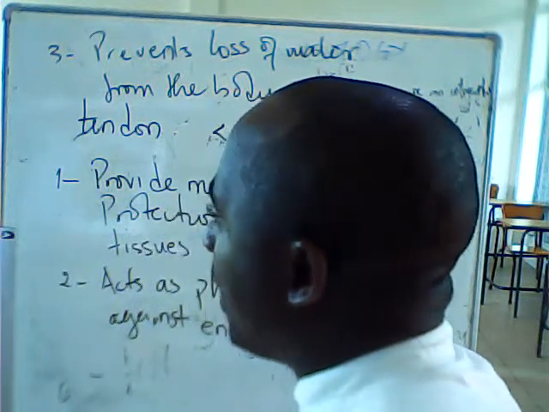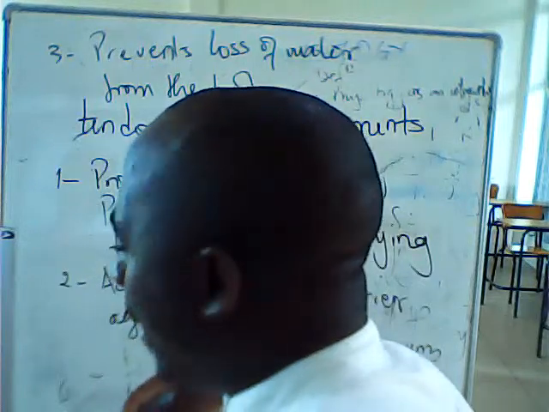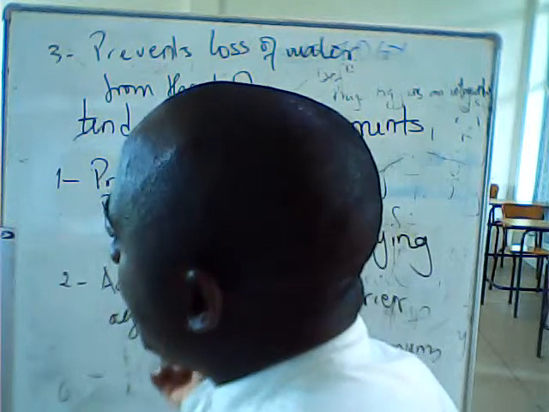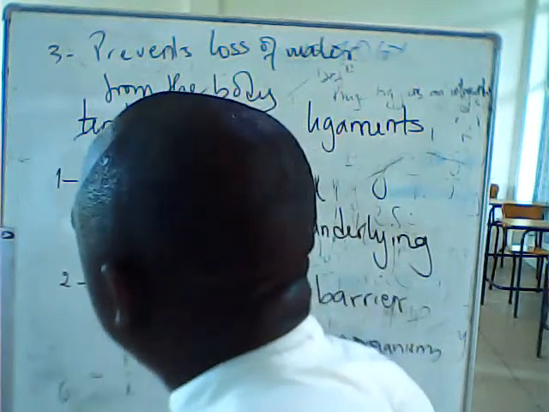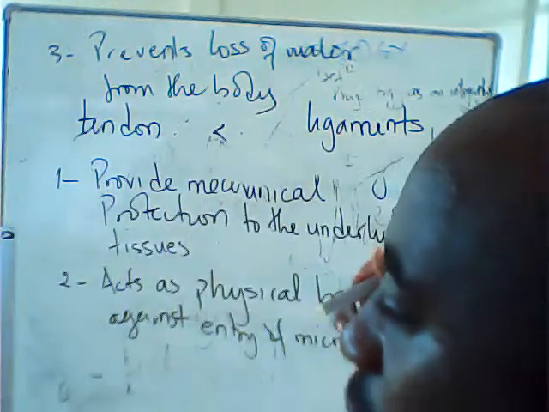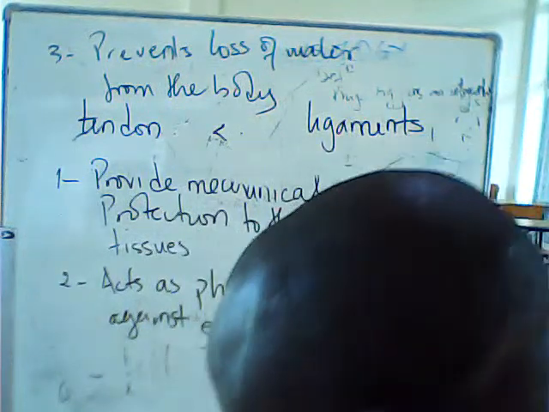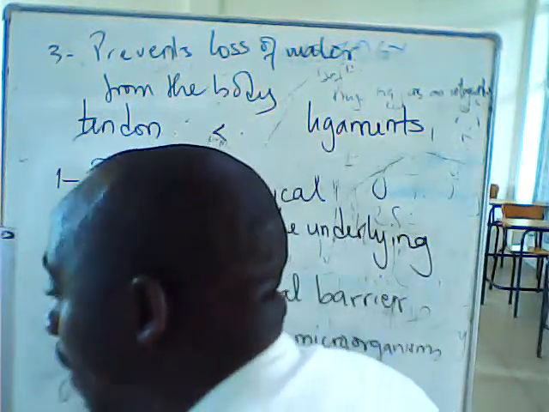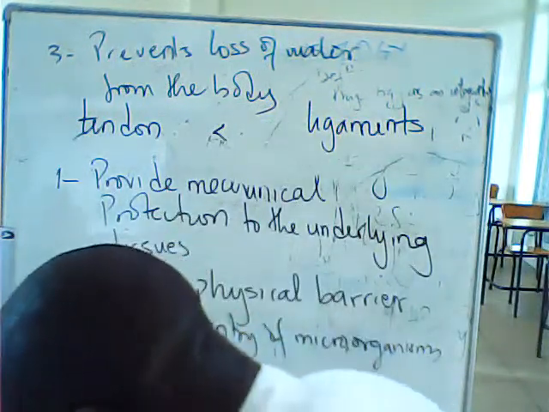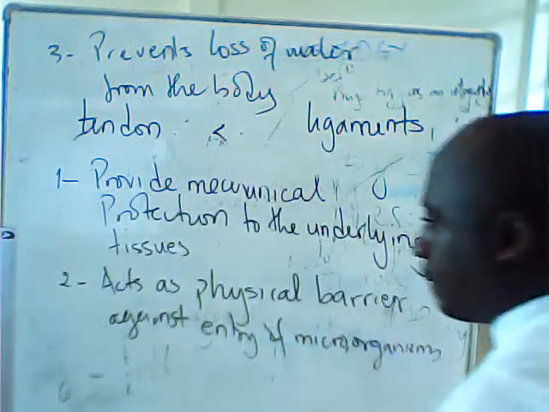And attached to these bones are muscles, and these muscles are attached to bones through fibrous bands called tendons. And I was asking what the difference between a tendon and a ligament is. One of the classmates answered that a tendon attaches muscle to bone, and a ligament attaches bone to bone. Then we went forward to list the functions of the skeletal system.